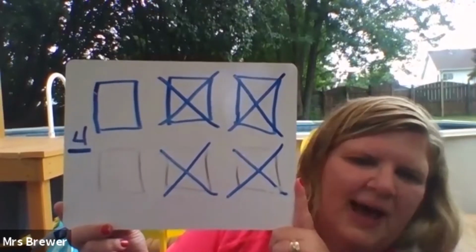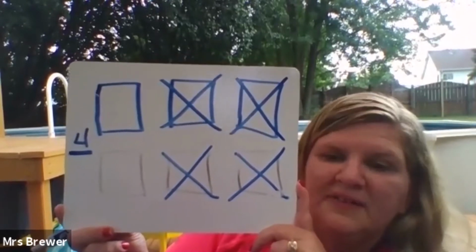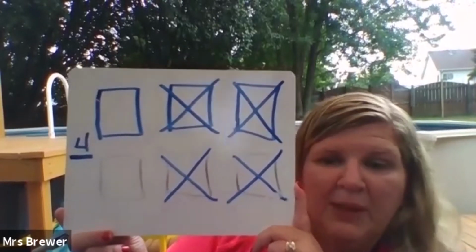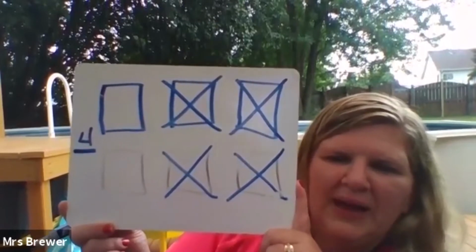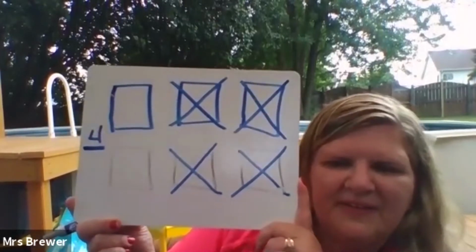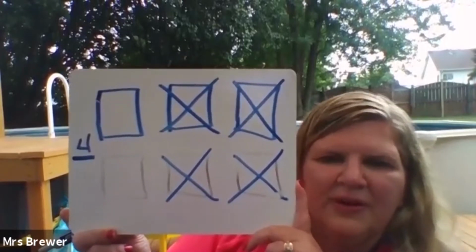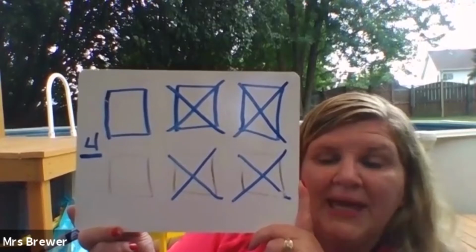Well, what does our denominator tell us? Right. It says how many in all, right? How many pieces in the whole? This could be how many pieces in my set. You're exactly right, boys and girls. And how many pieces came in my set?